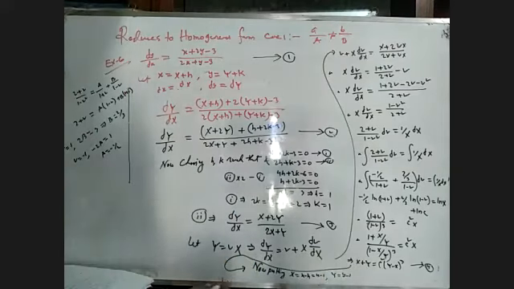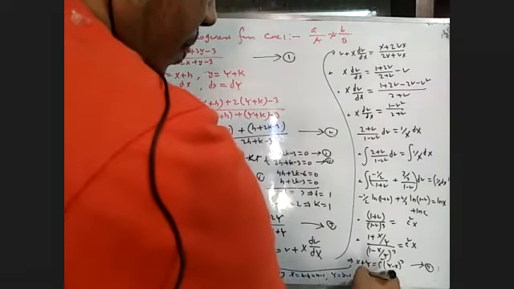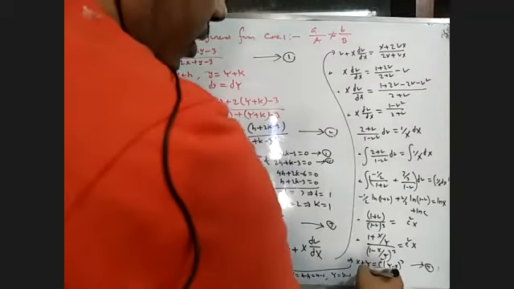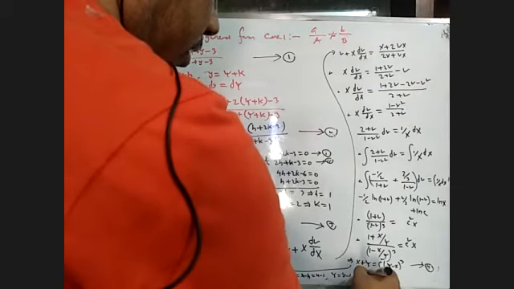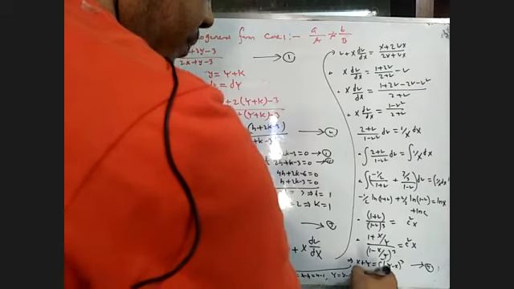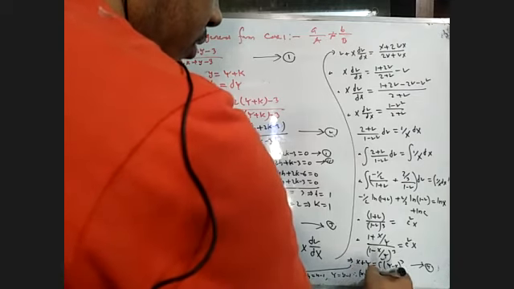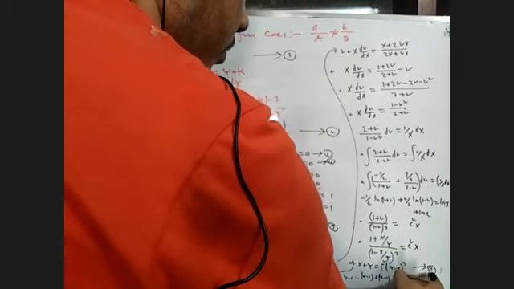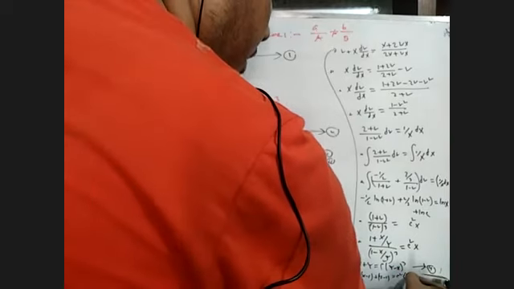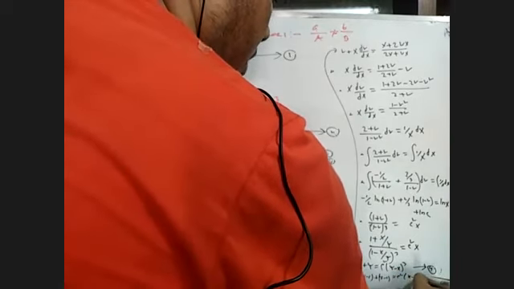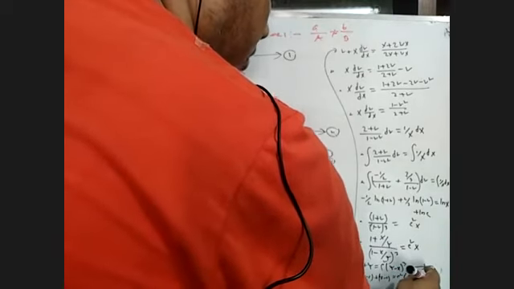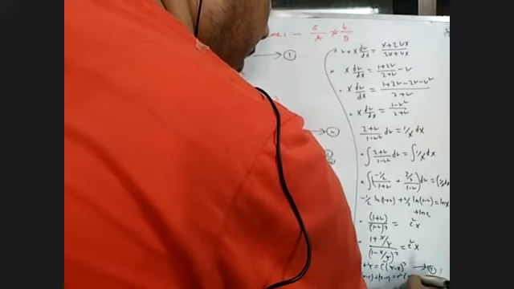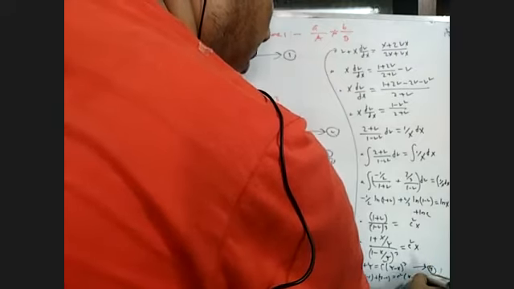Just putting here, we get (x minus 1) plus (y minus 1) equals c squared times ((x minus 1) minus (y minus 1)) whole cube. So this will be (x minus y) whole cube.